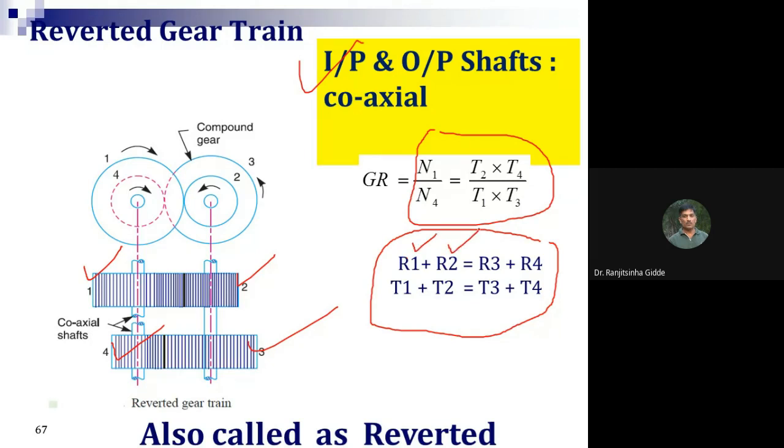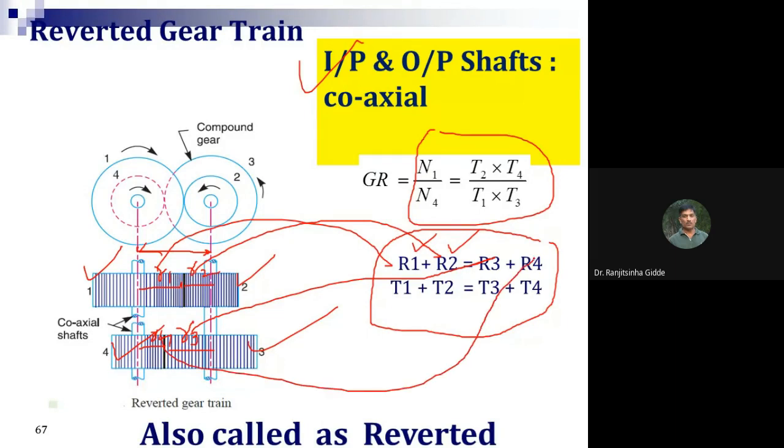plus the radius of gear number 2, this distance, this is R1, this is R2, then this is R3, and this is R4.